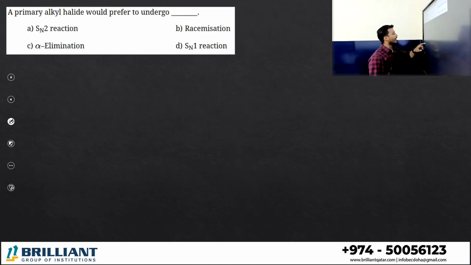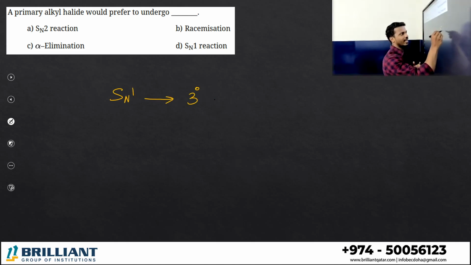Next one. A primary alkyl halide would prefer to undergo which reaction? Easy, come on. A primary haloalkane would prefer to undergo which reaction, dear student? We studied mainly SN1 and SN2 reactions. For the SN1 mechanism, what is the reactivity order? Tertiary greater than secondary greater than primary.